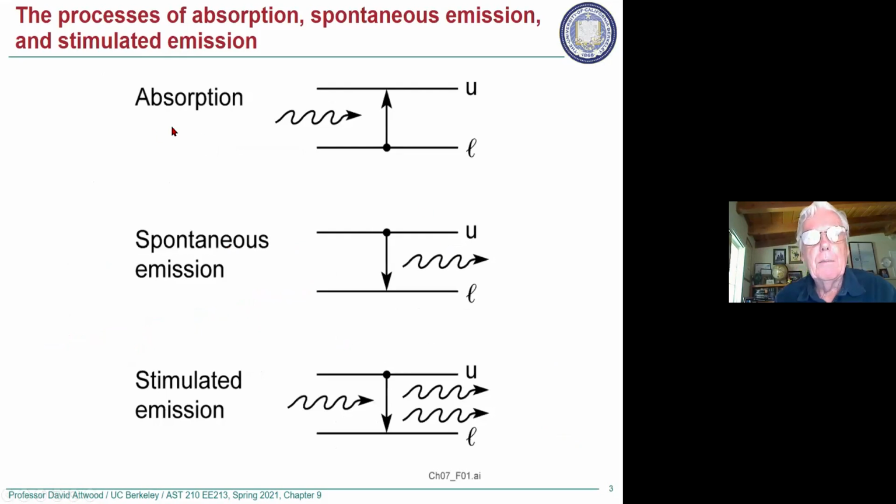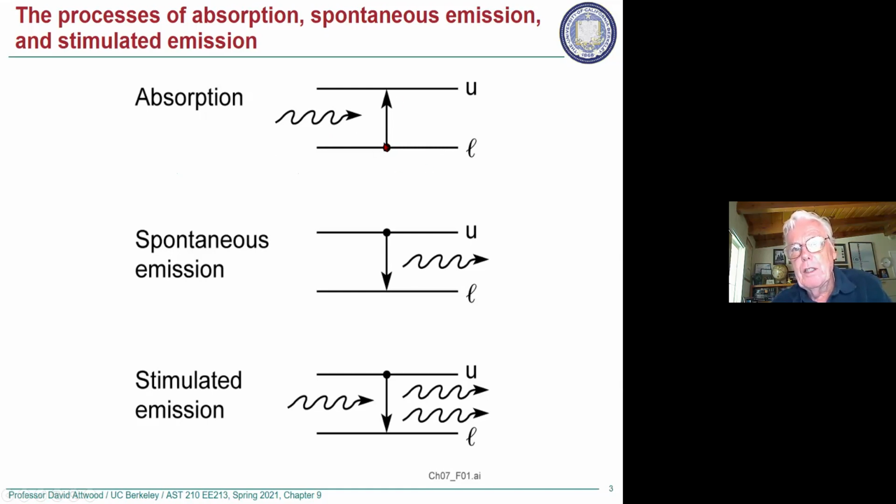So here are the basic processes that one can have. This is just for 2 levels. We'll see in a moment why this is good to start with, but in the end, you need a 3 or 4 level system to really work. But just for what the basic processes are, if you have an atom in a lower state, there's only 2 states, a lower state and an upper state.